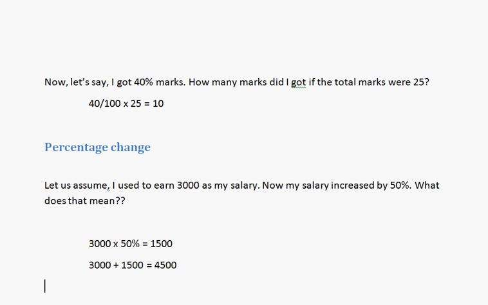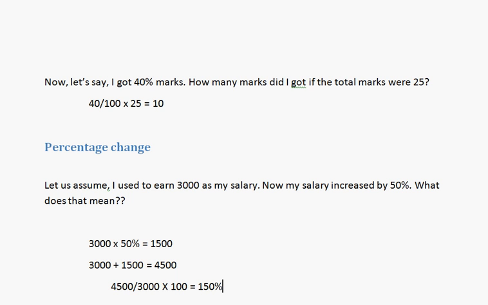So my new salary is what percent of my old? My new salary is 4500. My old salary was 3000, and we have to find the percentage. So it is 150% of my old salary.